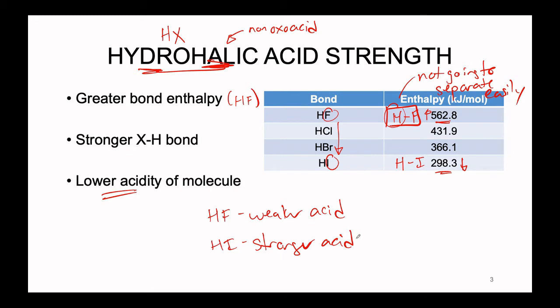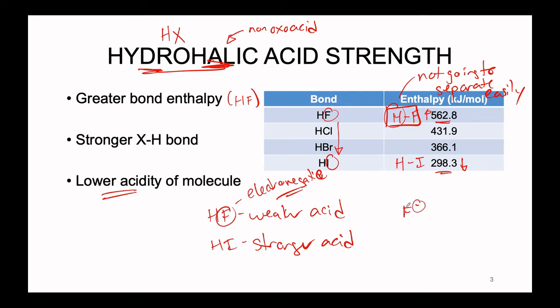And we would be able to predict this just by the nature of the partial charge on our fluorine versus our iodine, right? Fluorine is a very electronegative element in the molecule. It's going to be pulling a lot of electron density towards it, which is going to give it a very, very distinct negative charge.